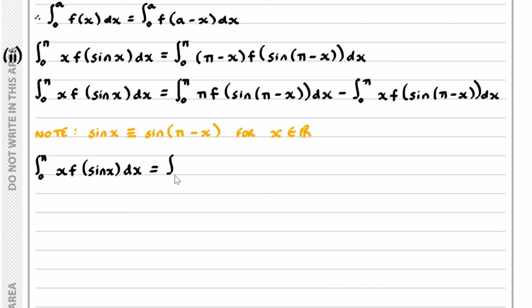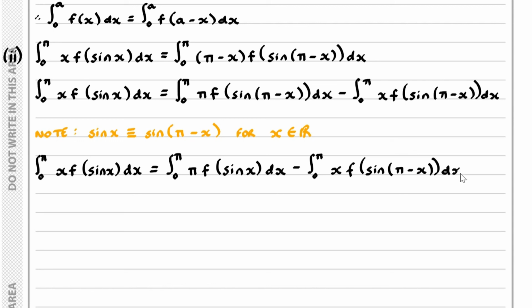On the right hand side we have the integral from 0 to pi of pi times by f of sine x dx, because I've replaced the sine of pi minus x with just sine x, subtract the integral from 0 to pi of x times by f of sine of pi minus x dx.